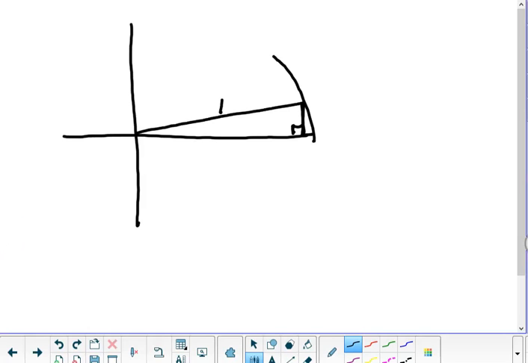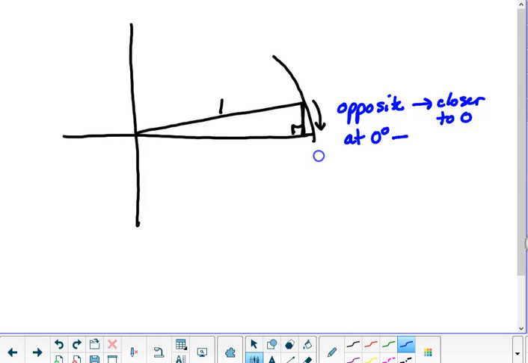So let's say this point is sliding closer and closer to 0 degrees. What's happening to the opposite side? Opposite side is getting closer to 0. As a matter of fact, at 0 degrees, the opposite side equals 0. There is no opposite side.